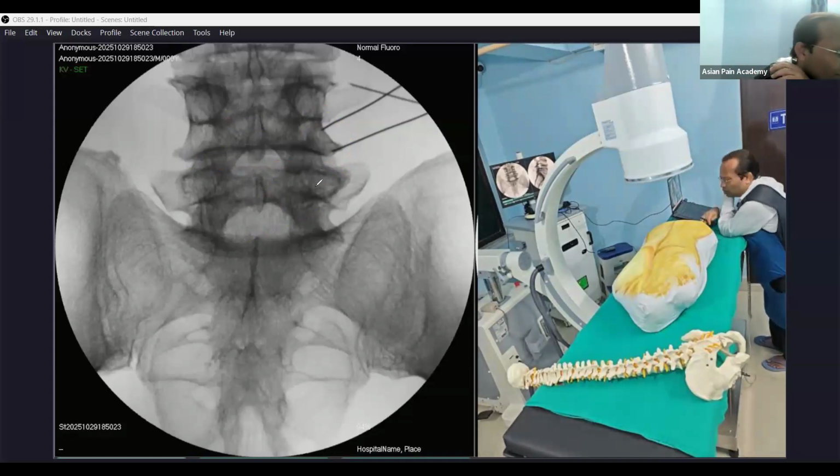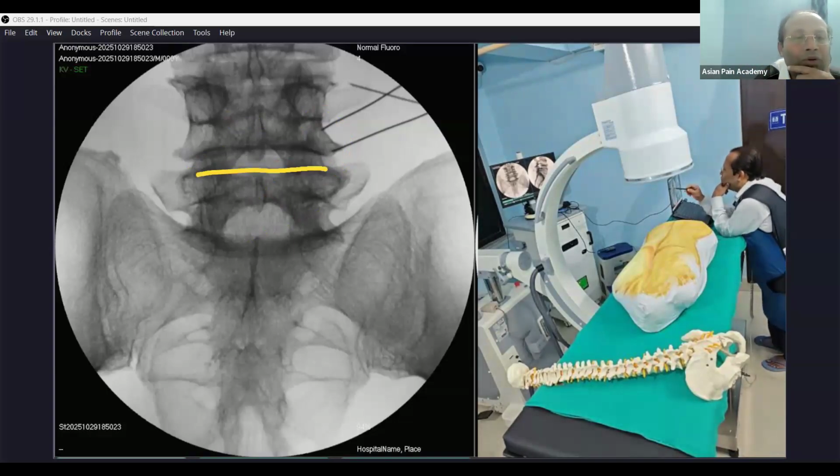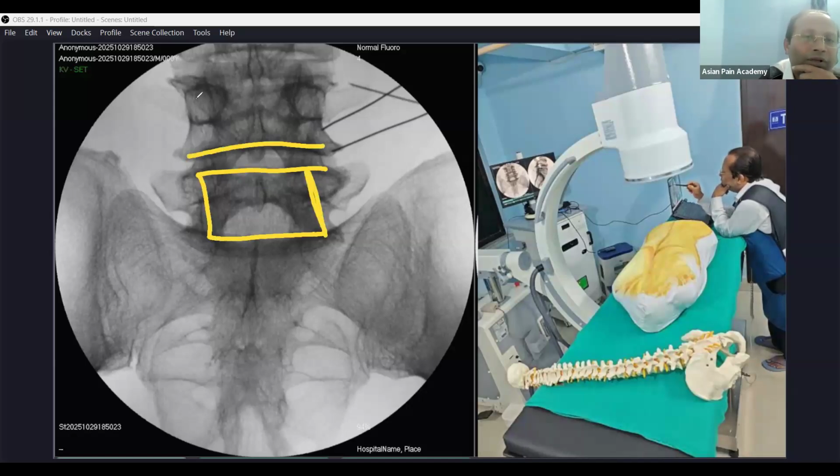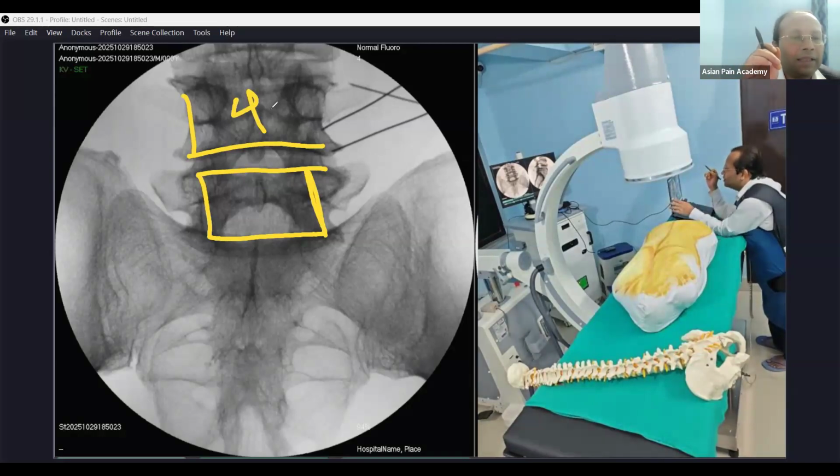But the main point is that if you choose this one, then you are seeing the L5 in a true AP view. If you choose this one, then you are seeing the L4 in a true AP view, and both have some degree difference in their angulation.